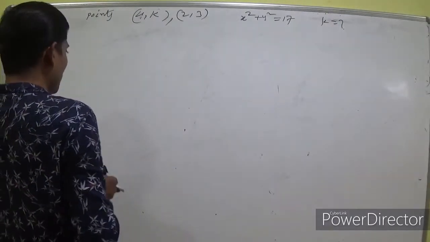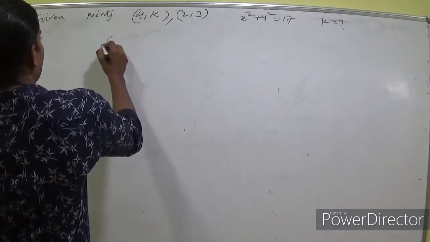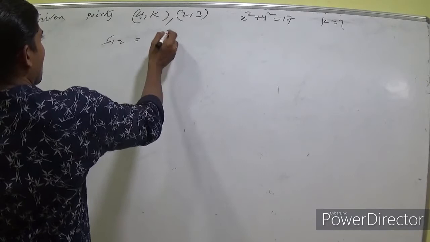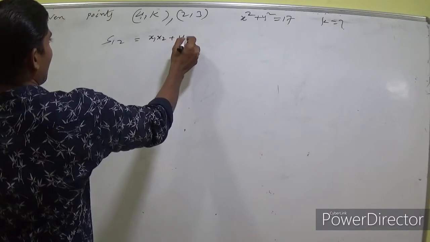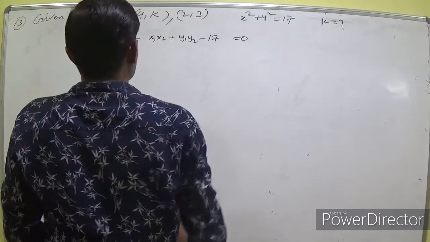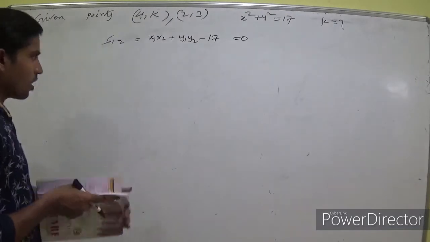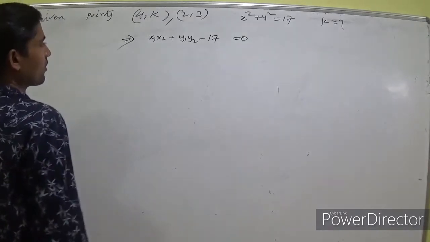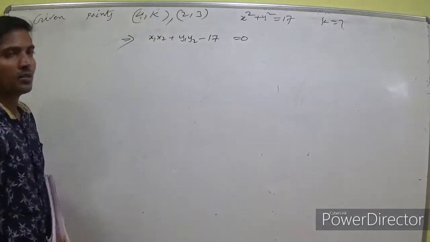Then the two points become conjugate, so s12 equal to 0. s12 equal to x1 x2 plus y1 y2 minus 17 equal to 0. Conjugate means s12 equal to 0.